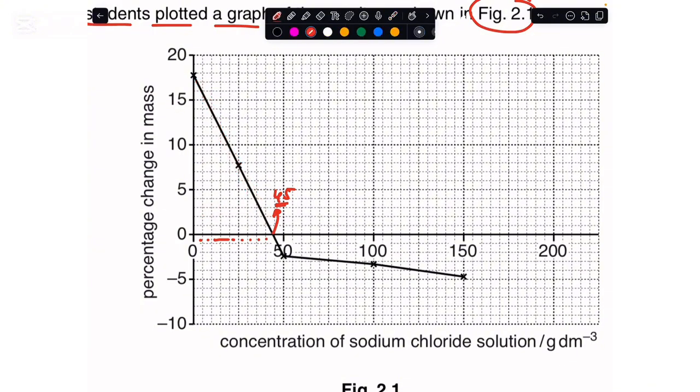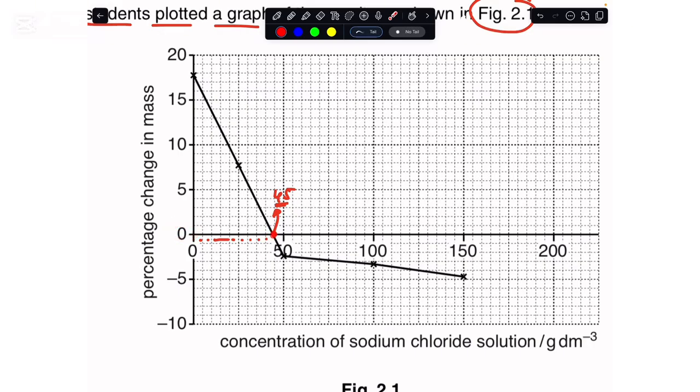And if we come to this point of 45 gram per dm cube of the sodium chloride concentration, where the graph is touching the x-axis, at this specific point the water potential of the onion bulbs and their surrounding sodium chloride solution is the same. So we see no overall change in their mass.